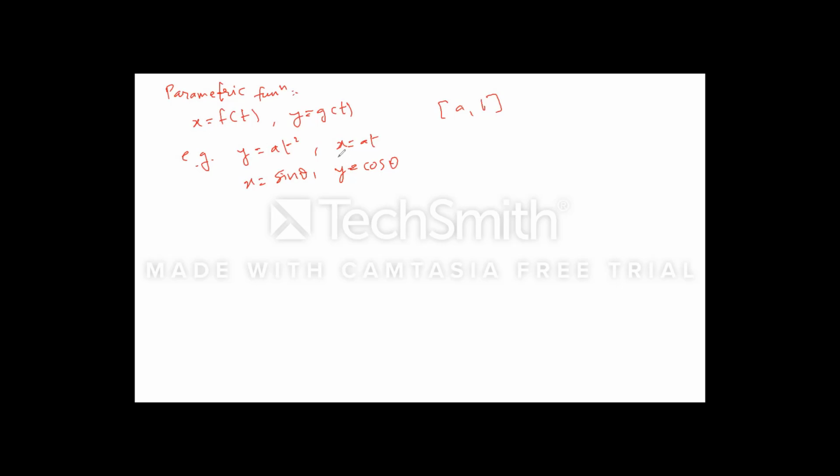So if two variables x and y are defined separately as functions of an intermediate variable t, then the intermediate variable, that is t, here theta, is called the parameter. Here we are going to discuss the derivatives of parametric functions.